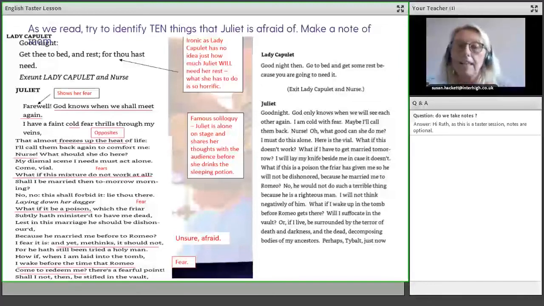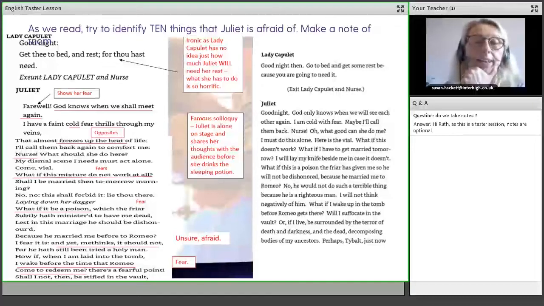Here is the vial. What if this doesn't work? What if I have to get married tomorrow? I will lay my knife beside me in case it doesn't. What if this is a poison the friar has given me so he is not dishonored because he married me to Romeo?